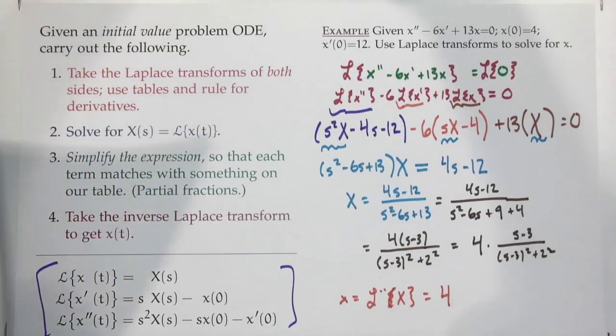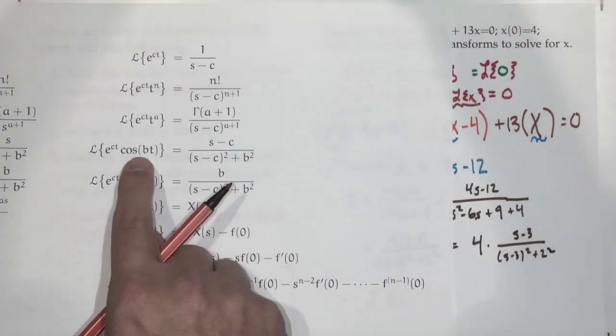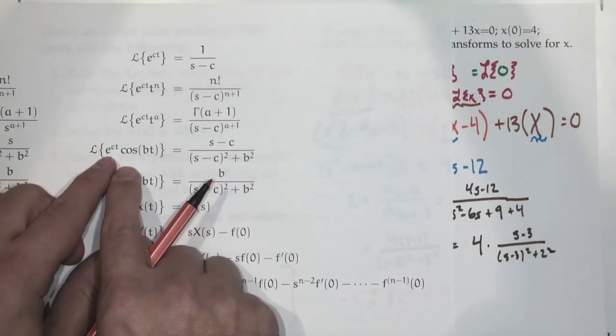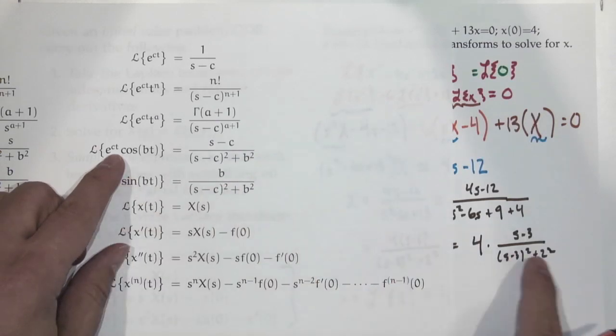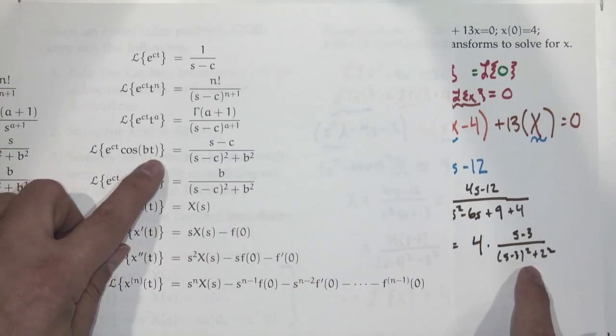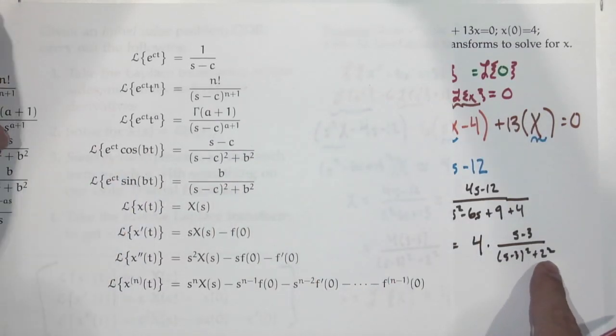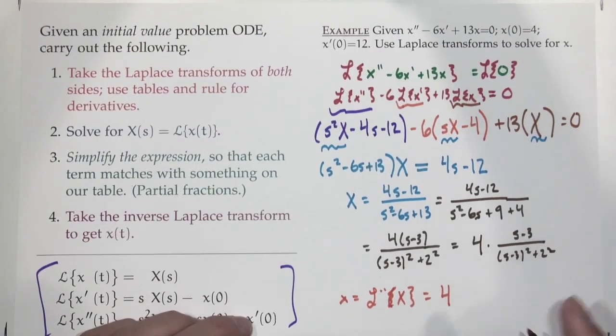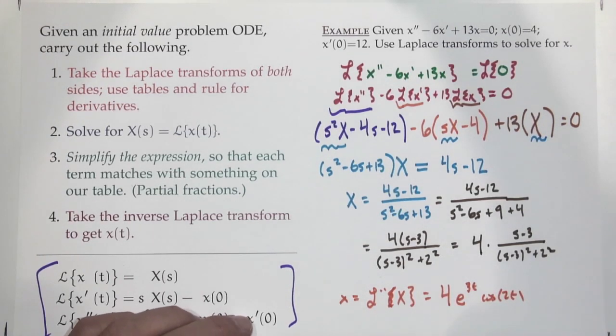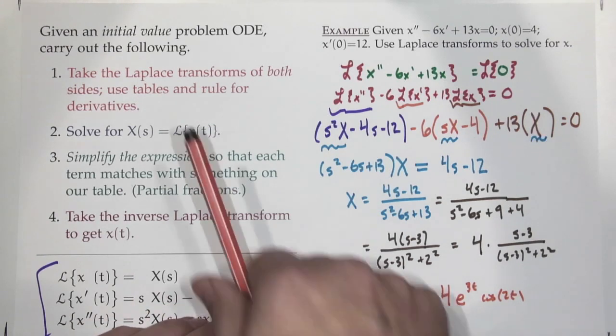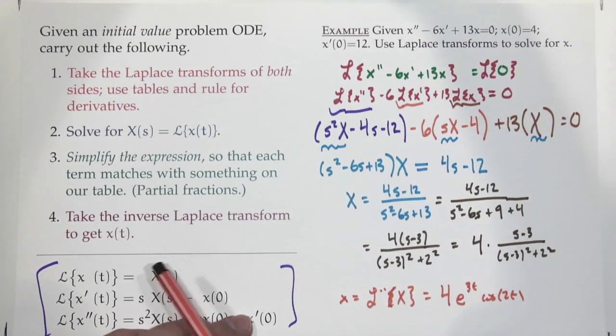So as a reminder, we said it was e to the 3t, because c equals 3, cosine 2t. So 4 e to the 3t cosine 2t. All right, are we done? Yeah, we've run out of steps, right? So that's a good sign that we're done.